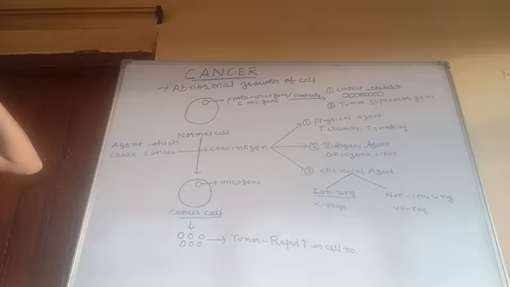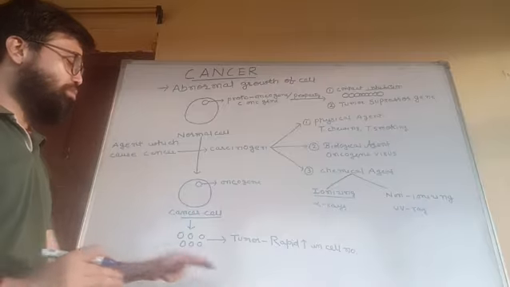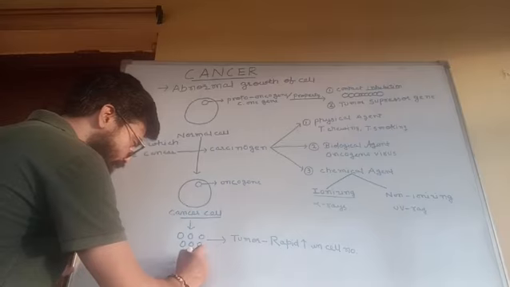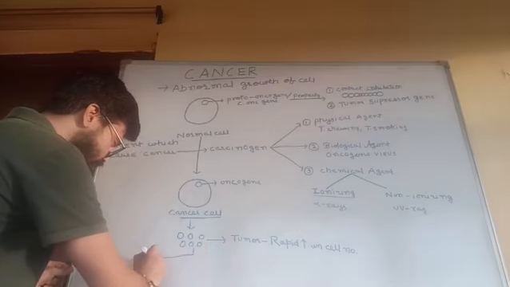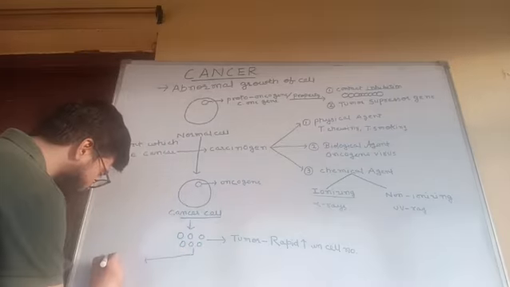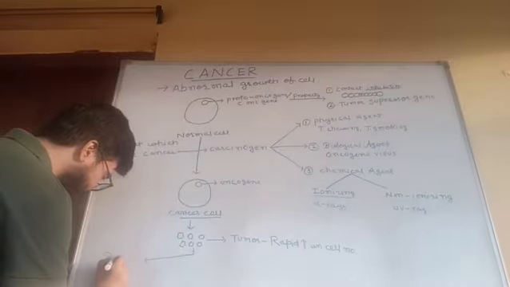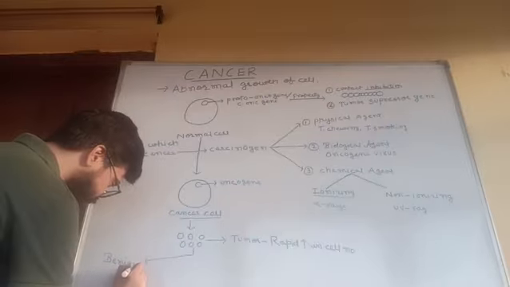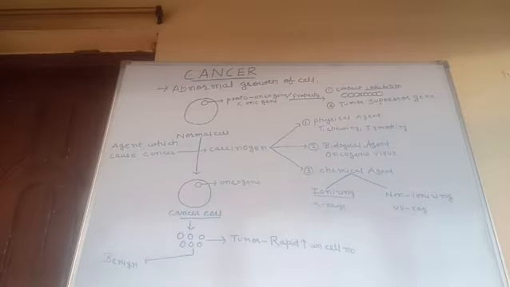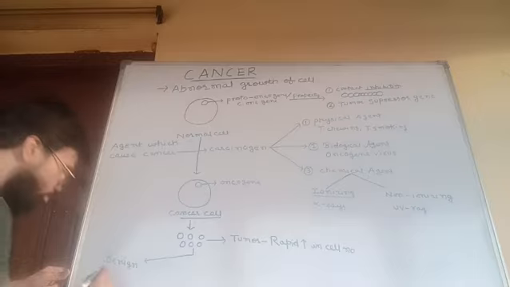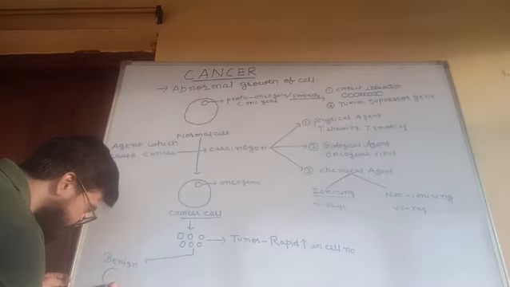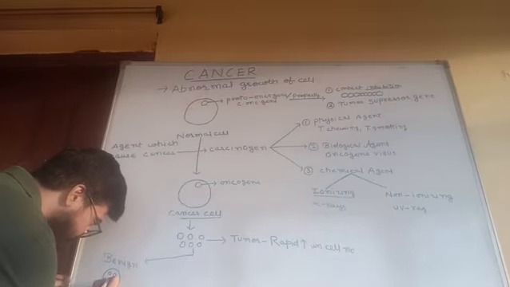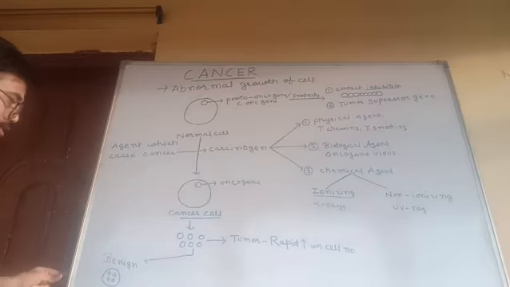Clear? Now this tumor, my dear student, is divided into two categories. The first category is known as benign tumor. Benign tumor means here you can see the capsulated structure, and inside this capsulated structure many cancerous cells are located.